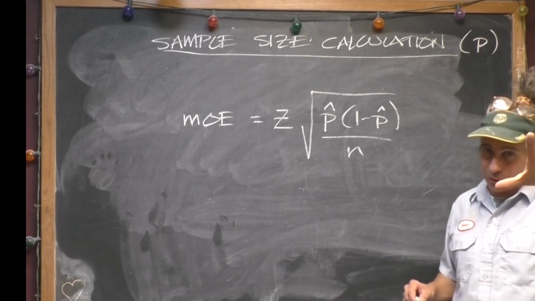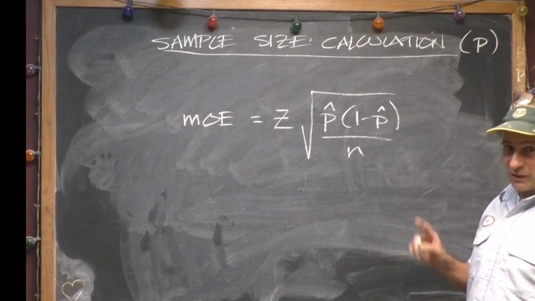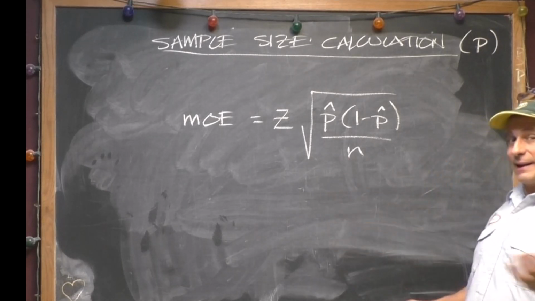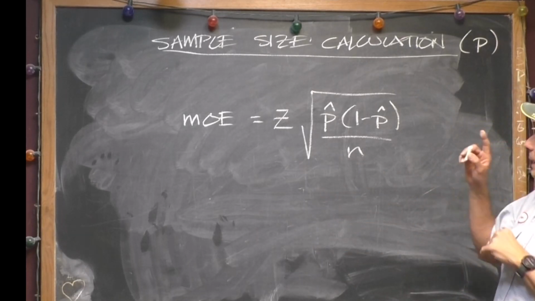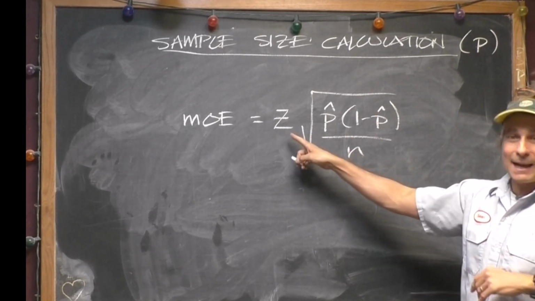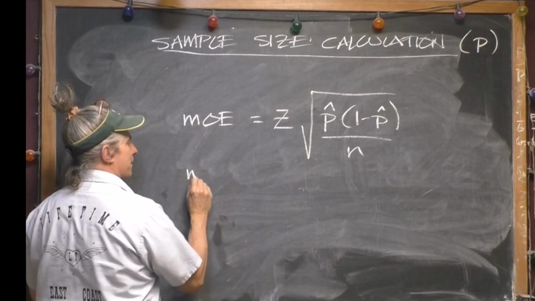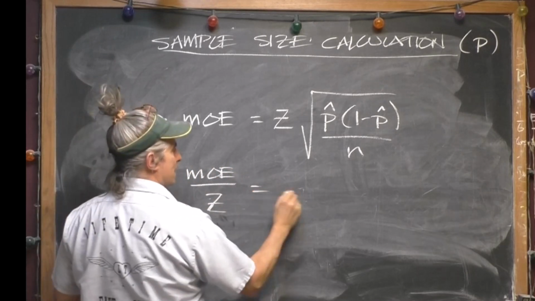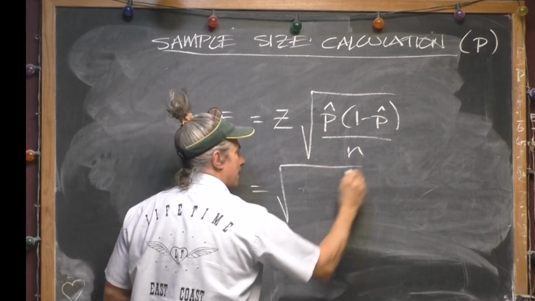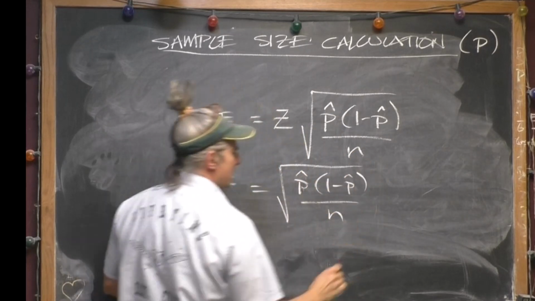So we're going to do a little bit of algebra here. If you don't like algebra, just like maybe you didn't like it in that last video from the last playlist, you can just fast forward this until I've got n on one side and everything else on the other. So I'm going to have some fun with algebra here. I'm going to divide both sides by that z first. And we're going to have the margin of error over z, and that's going to equal the square root of P hat times 1 minus P hat all over n.